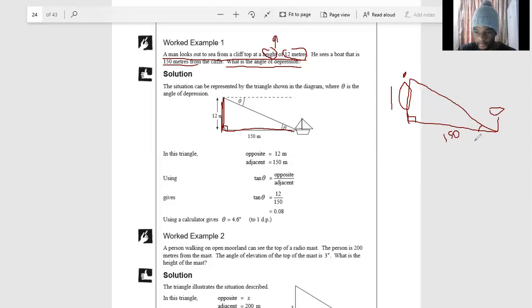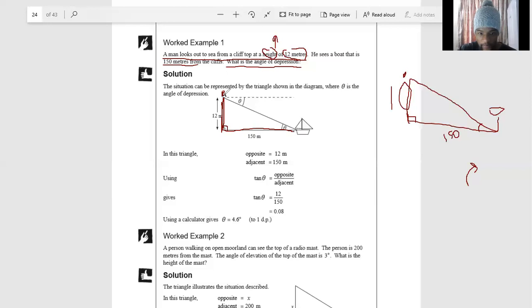Because remember, you noticed how I drew this angle. I drew it like this. I said this is the angle of depression, then I moved from here to there. So I went clockwise. So that's the angle of depression, right? But remember that we said the man's eyes are looking horizontally. So we assume the man is somewhere there, right on top of this cliff.